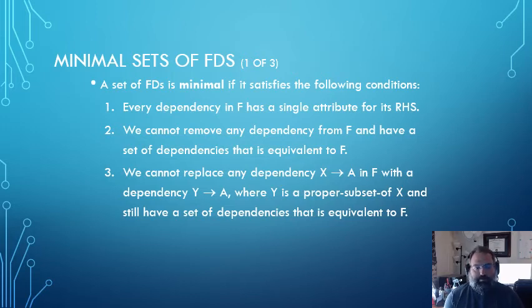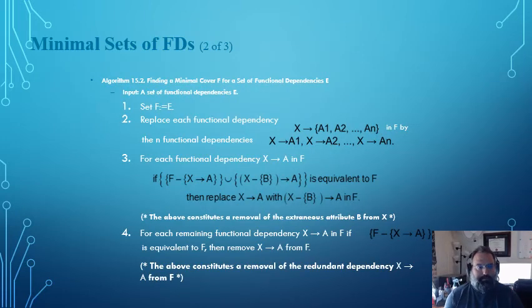Every dependency in F has a single attribute for its right-hand side. We cannot remove any dependency from F and have a set of dependencies that is equivalent to F. We cannot replace any dependency X implies A in F with a dependency Y implies A, where Y is a proper subset of X, and still have a set of dependencies that is equivalent to F.